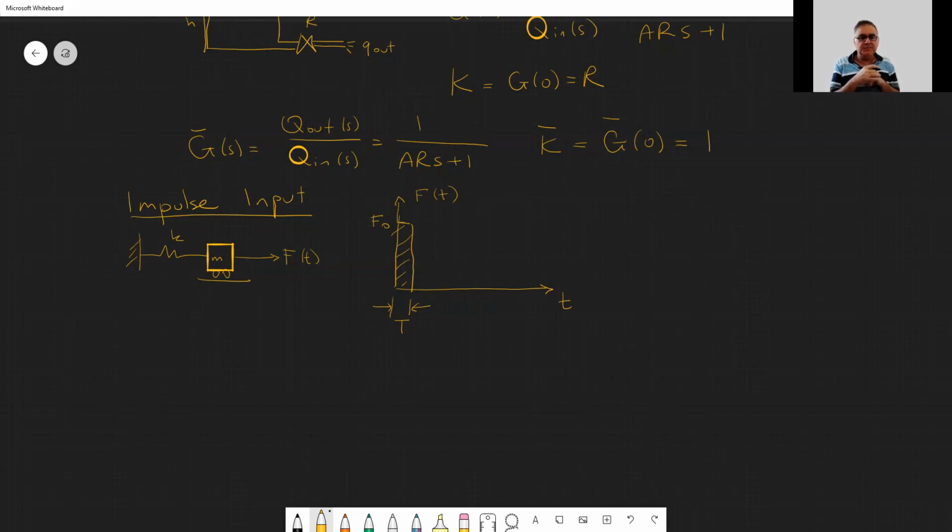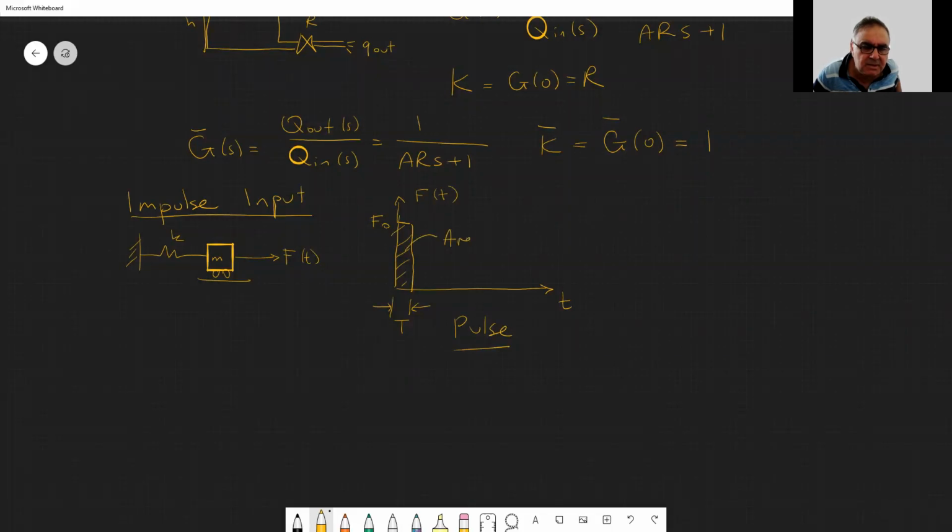Now the idea is the following. We put an input that is a pulse, by the way, this is a pulse input. But we want something more than that because it is quite useful.